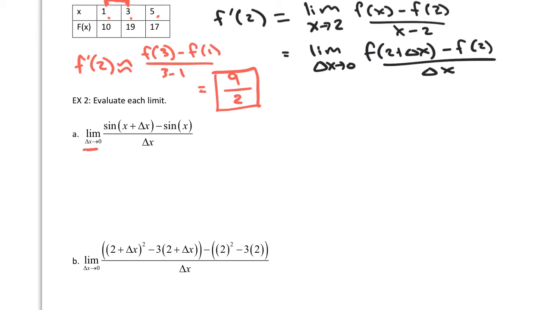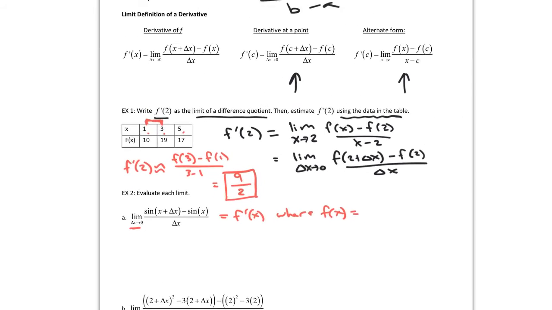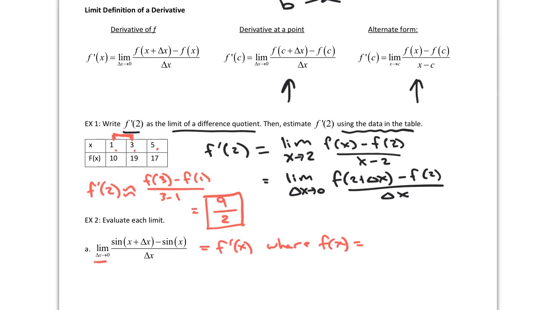You recognize it here. This is really just saying it's equal to f prime of x, where f of x is equal to, if you go back up to our definition of derivative, that is your f of x. It's subtracted in the difference quotient: sine of x.